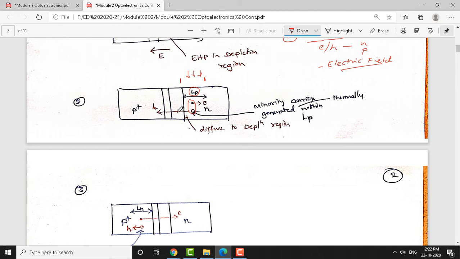Whenever the charges come near the junction, the electrons are pushed into the n region and holes are pushed into the p region. Within the depletion region the drift process takes care, but outside it the diffusion process takes care. Those things we need to be aware of.